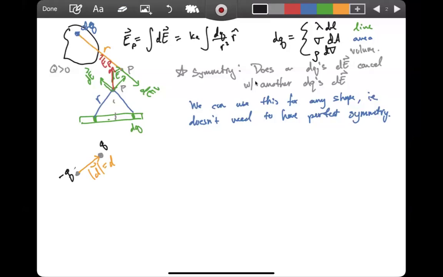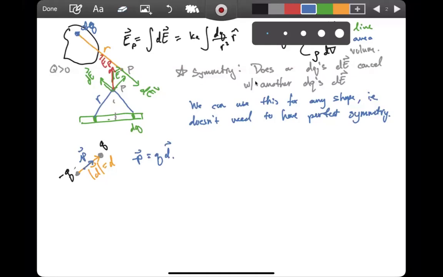And then we define the dipole moment, which points in the direction of d, so that our dipole moment is equal to the charge of the positive charge times the vector distance d between the two. What we did with this then is put it into an external electric field.